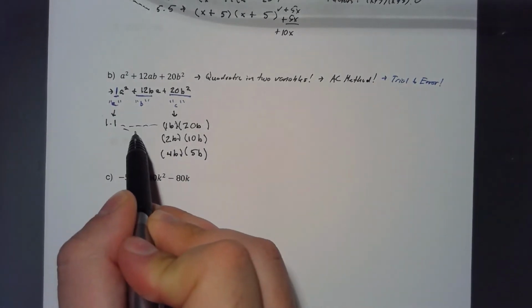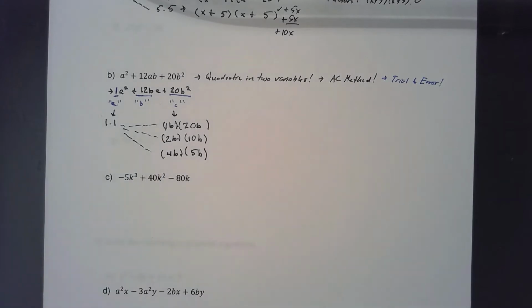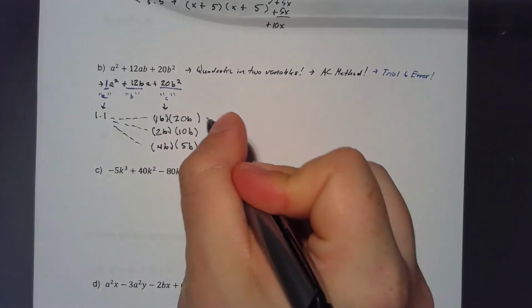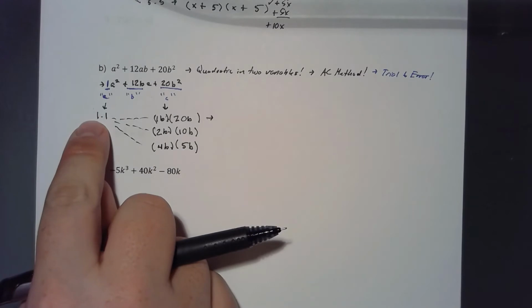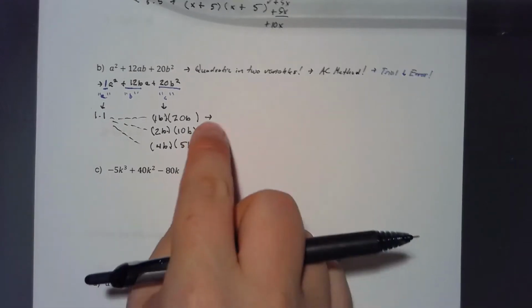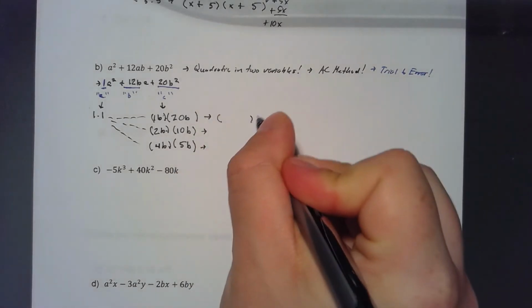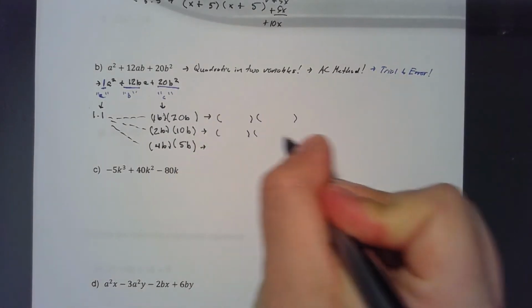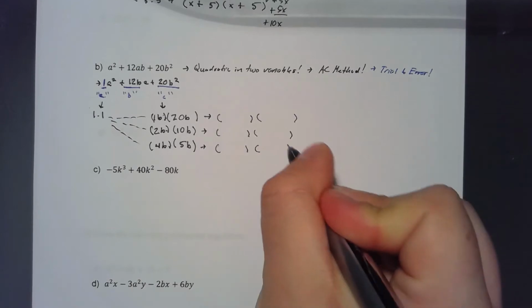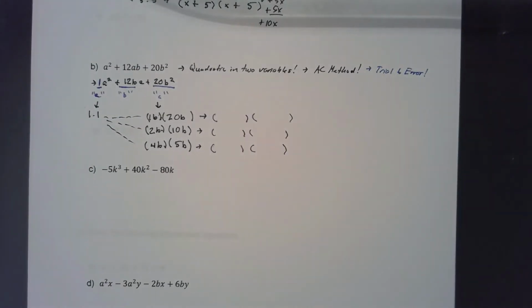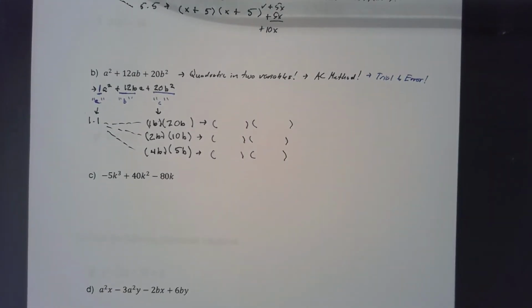So there's one pair, there's a second pair, and there's a third pair. Now, since my leading coefficient was 1, I don't have to flip an extra pair around. I just have one combination for each pair, which is nice. I don't have an extra combo to consider.